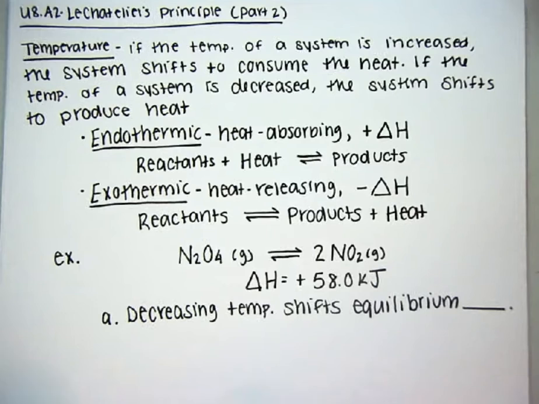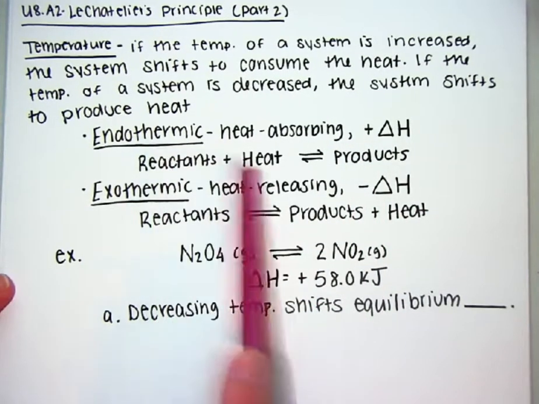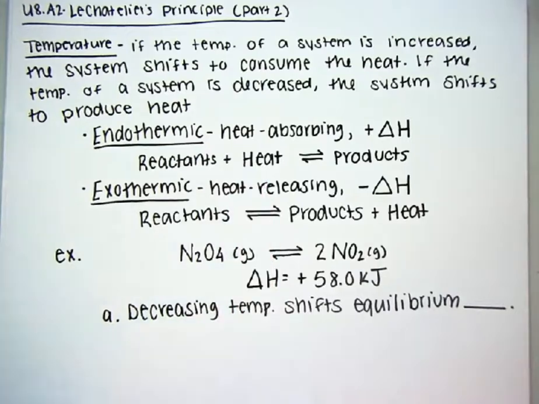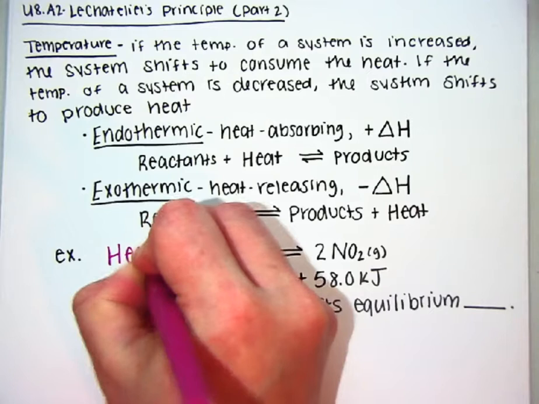Well, the first thing that I want you guys to do is look at delta H, and decide is it endothermic or exothermic. So delta H is positive. That means it is endothermic. If it's endothermic, we're going to think of heat like a reactant. So write heat on the appropriate side.